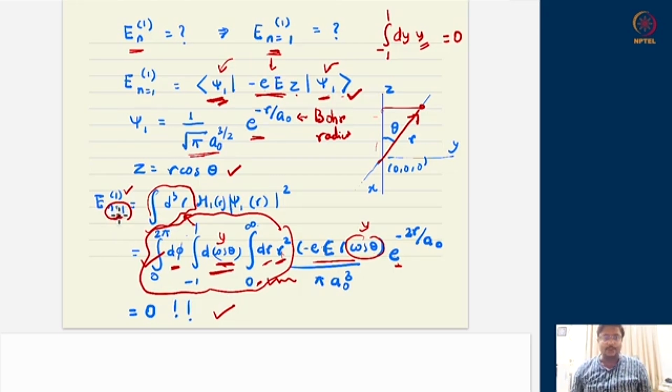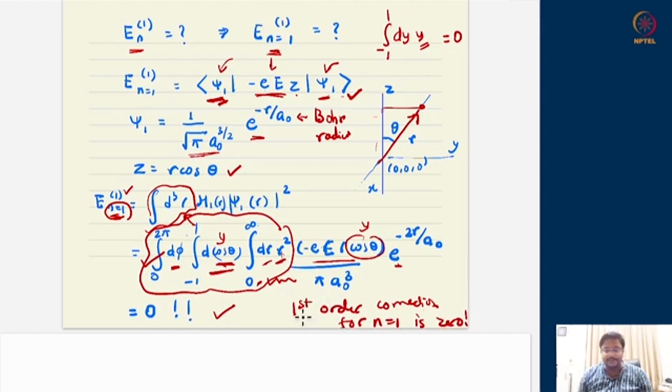If I went on to compute the answer for n equal to 2, I might not get a 0. So one has to be very careful. This tells me only that the first order correction for the ground state is 0. This is not a general statement. It is not a statement about any order. It is not a statement about any eigenfunction.